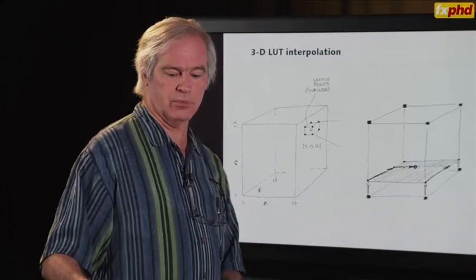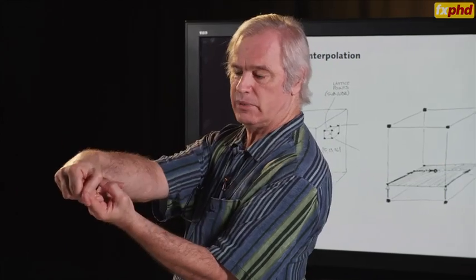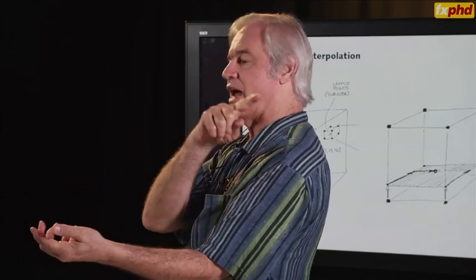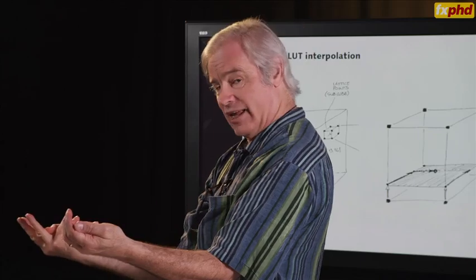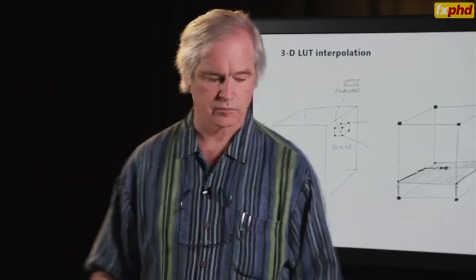So here's a solution by which we take 8-bit, 8-bit, 8-bit, split it into the MSBs and the LSBs, use the MSBs to access the table, and use the LSBs to interpolate in the lattice subcube.